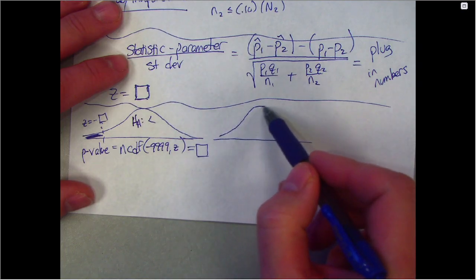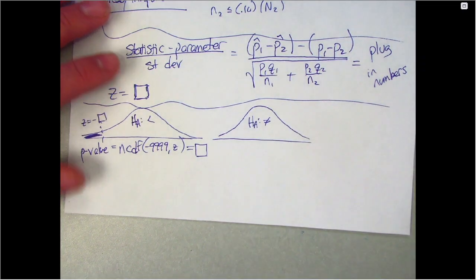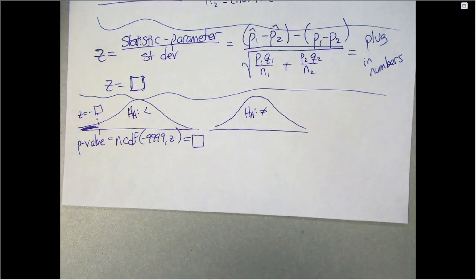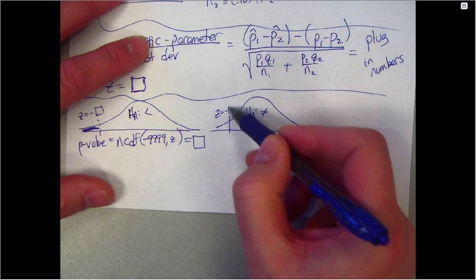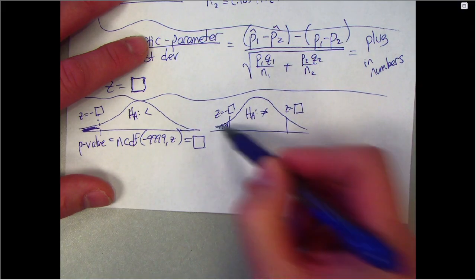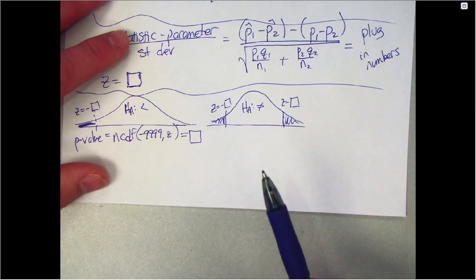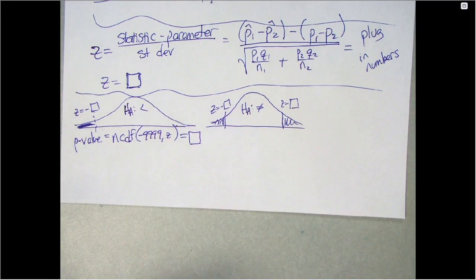If your HA is not equal to, you'll have a Z over here that's negative, a Z over here that's positive. Through your work, you'll find out either a negative or a positive Z score. Your job is then to realize, because it says not equal to, you have to flip it and make it on both sides.